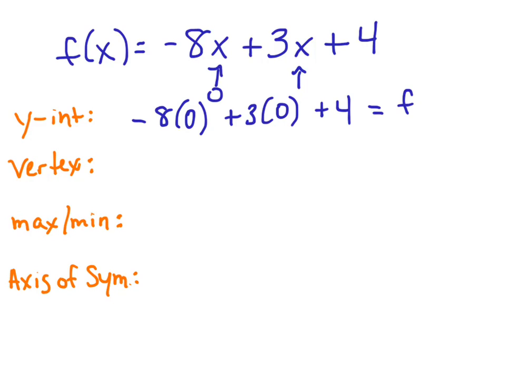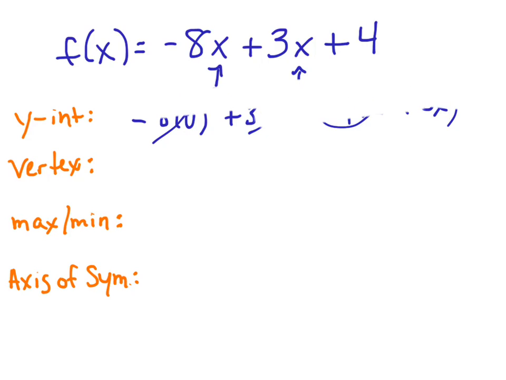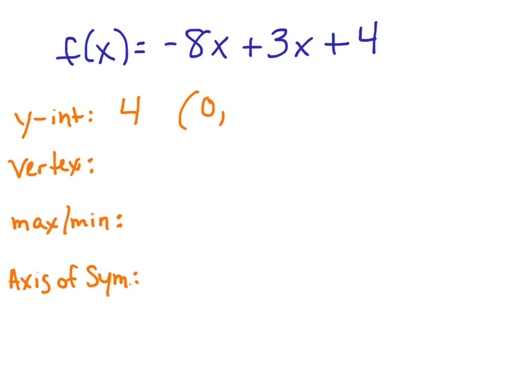And I'm trying to find that y value, or f of x. So these are just going to cancel out, 0 and 0, and that leaves me with a 4. So a shortcut to this would just be to realize that those x terms are going to cancel and just leave you with whatever that constant is at the end, in this case a 4. So my y-intercept would be 4, or if you wanted to write this as a point, this would be the point 0, 4.